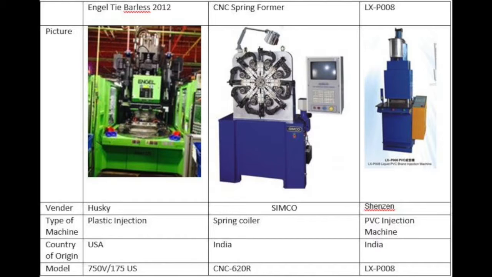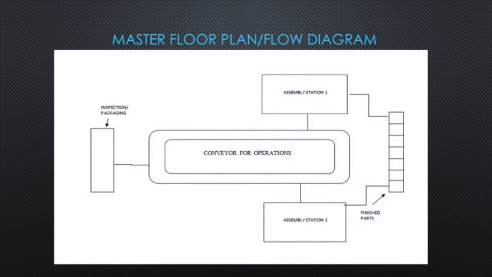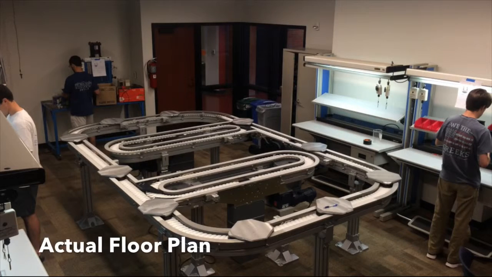Then the springs are made by the CNC spring former made by Simco. Then the ink is injected into the plastic tube with the ballpoint from the LXP008 PVC injection machine made by Shenzhen. Here's the original master floor plan compared to the actual floor plan.